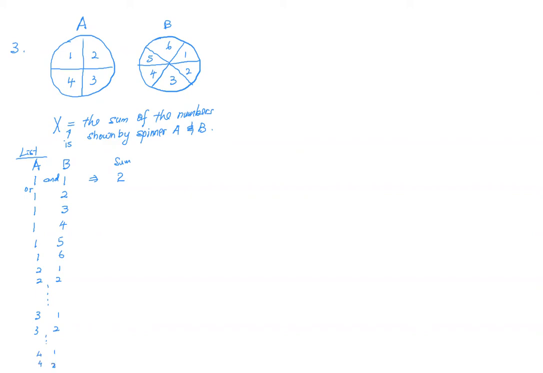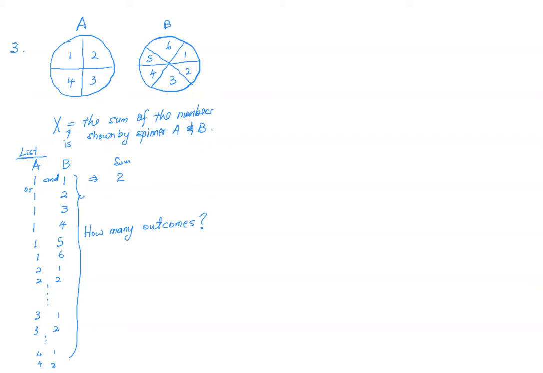So how many outcomes are there when you spin the two spinners? Who can tell me? 24. Actually, do you need to list them down? You don't have to.